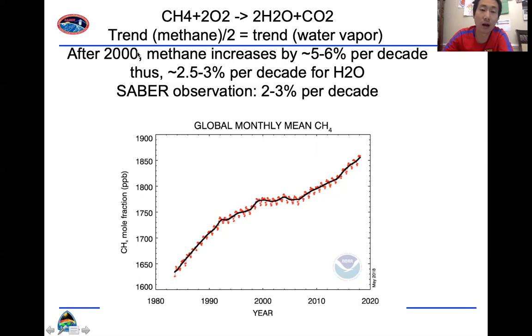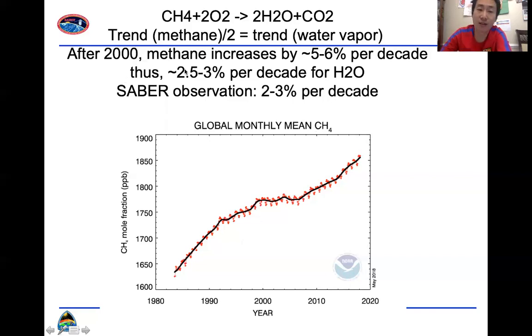Therefore, the trend of methane divided by 2 should equal the water vapor trend. This is the ground-based methane abundance provided by NOAA.